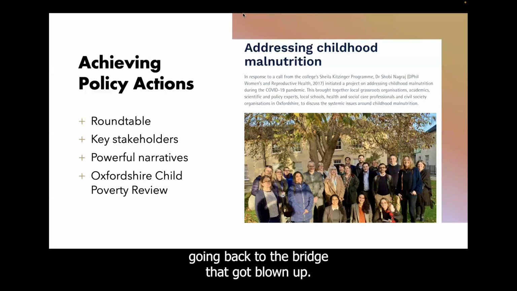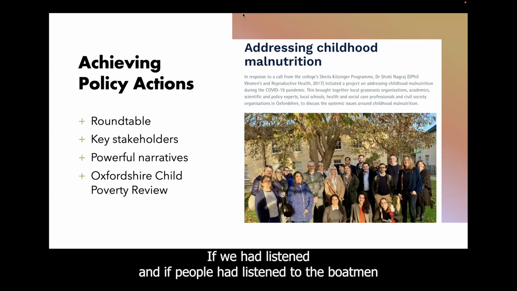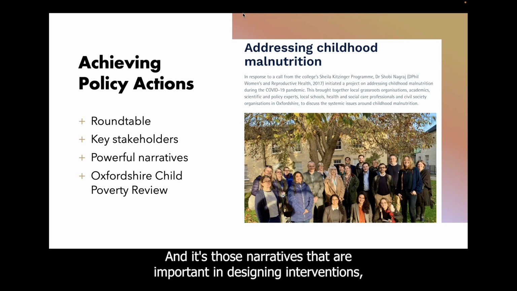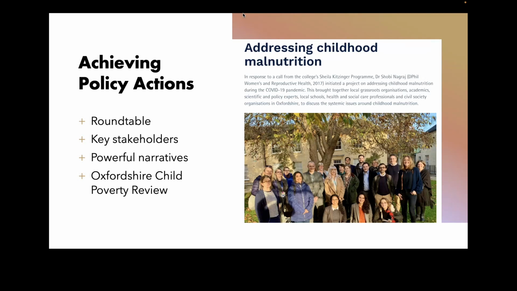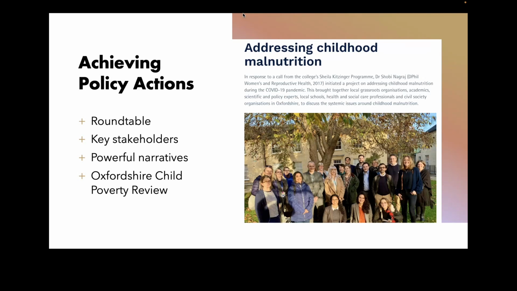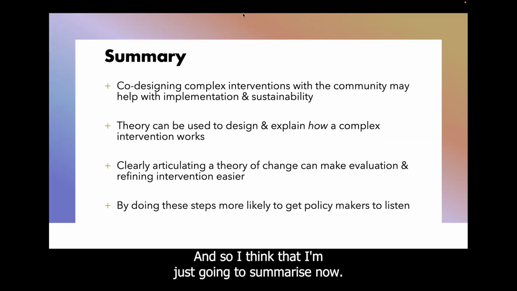Going back to the bridge that got blown up, if people had listened to the boatsmen, there would have been possibly a lot of cost savings and time savings associated with that. And it's those narratives that are important in designing interventions, but also that are important in achieving that policy level change. So I think that I'm just going to summarise now.